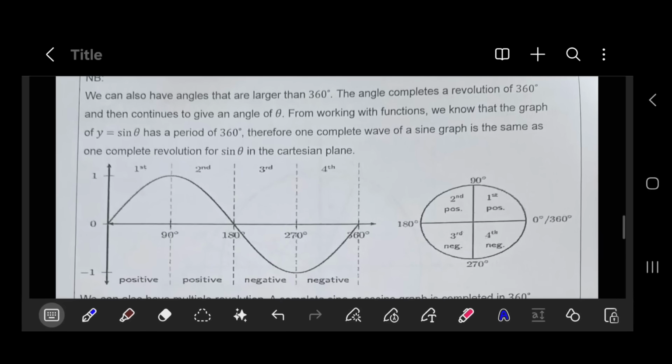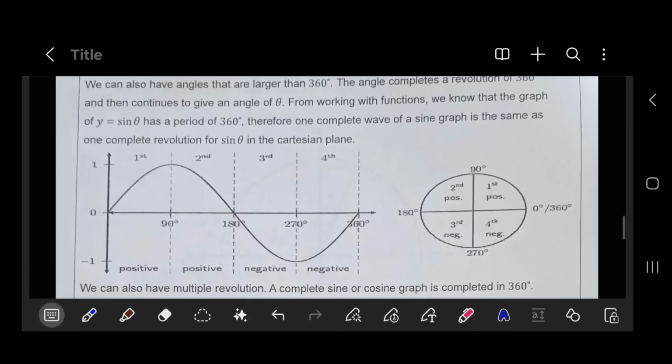You have covered trig functions last year, so you are aware that a sine graph is a wave. And if you do physics, you'd know it looks pretty much like a transverse wave. It is a transverse wave, and the period of this wave is 360 degrees. So 360 degrees gets us one complete wave.